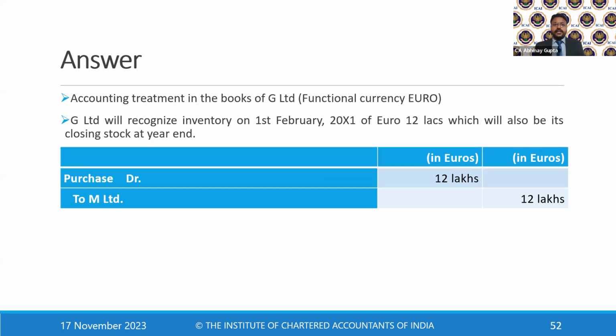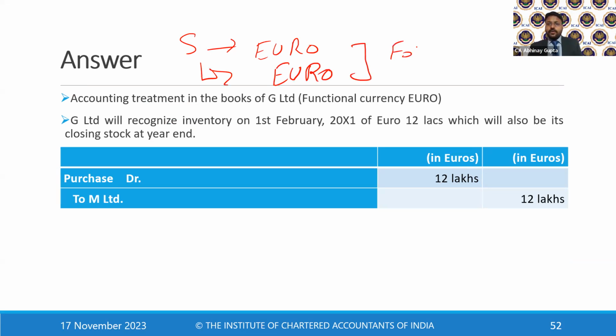Now, in the books of the subsidiary company, the subsidiary company has the functional currency euro, right? And the transaction is happening in euros, right? So the subsidiary company will not have any forex risk or gain or loss. So forex gain or loss will not be there.